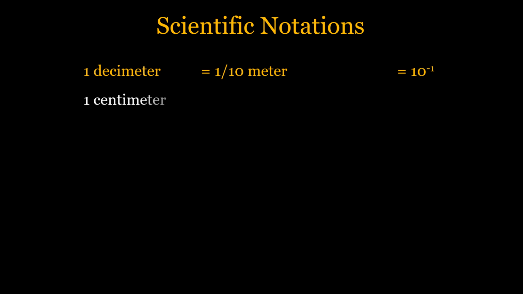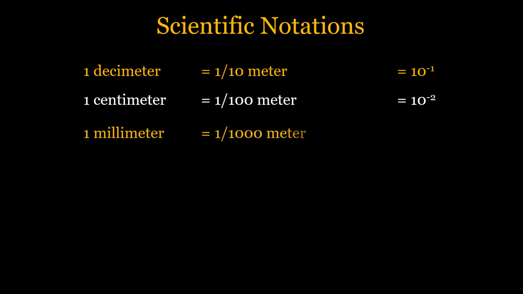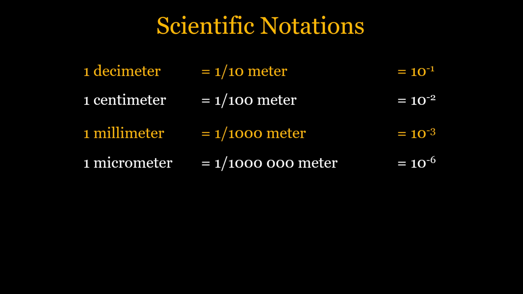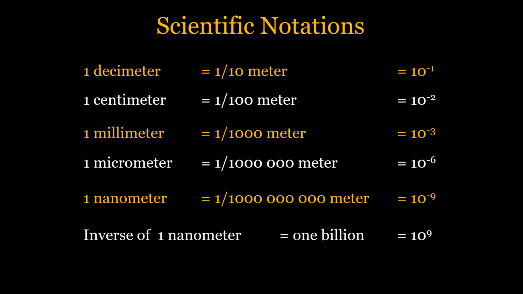Similarly, centimeter is equal to 1/100th of a meter and can be written as 10 raised to power minus 2, and so on. Millimeter equals 1/1,000th of a meter, micrometer equals 1/1,000,000th of a meter, and 1 nanometer equals 1/1,000,000,000th of a meter. Meaning, inverse of nano would be 1 billion.